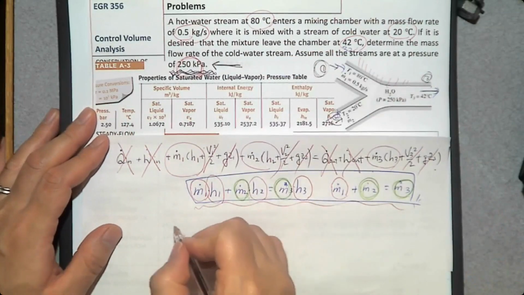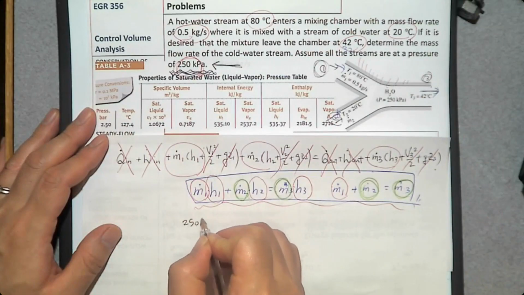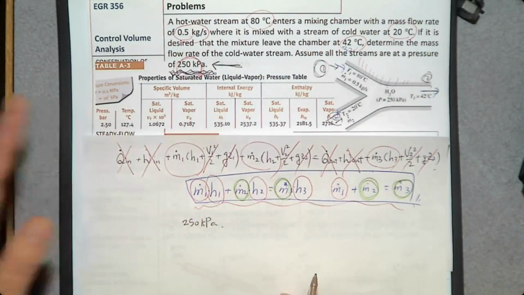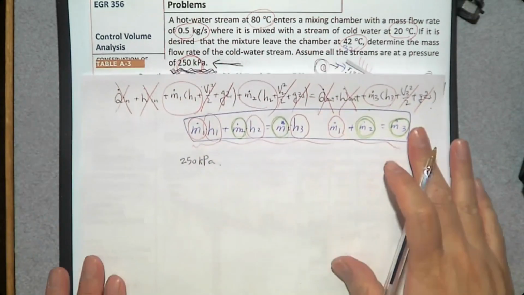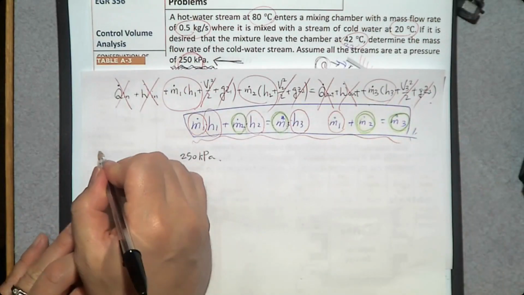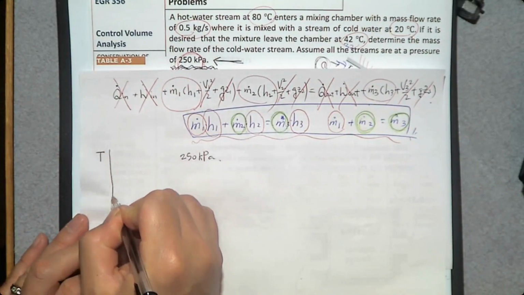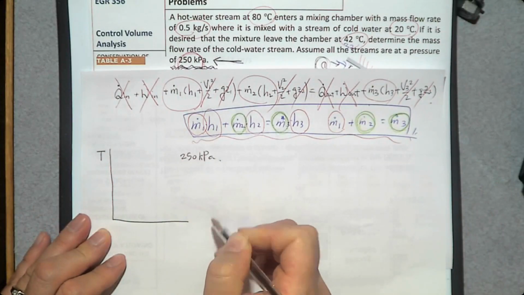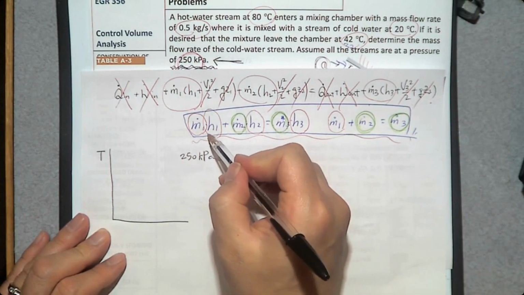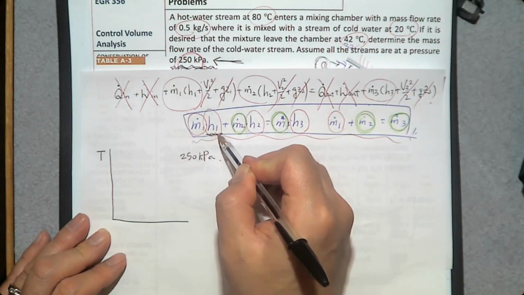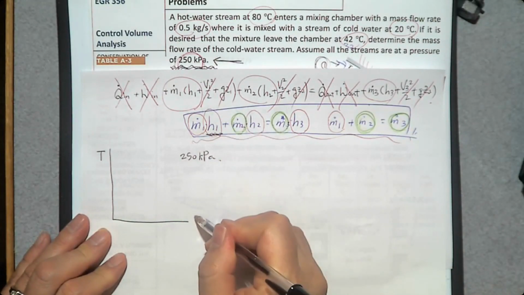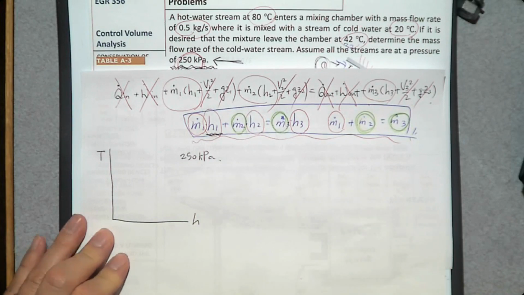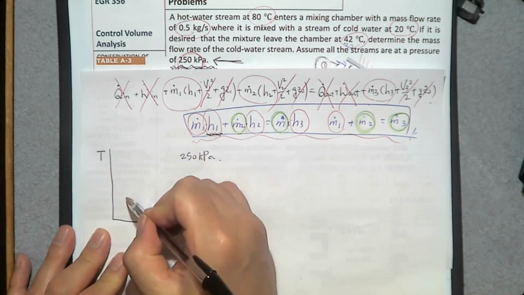At this pressure, we can make a temperature diagram. The temperature diagram is going to be T-v, T-u, or T-h. Anything is fine. However, in this energy balance equation, we have h. So why don't we make a T-h diagram? The T-h diagram looks like this.